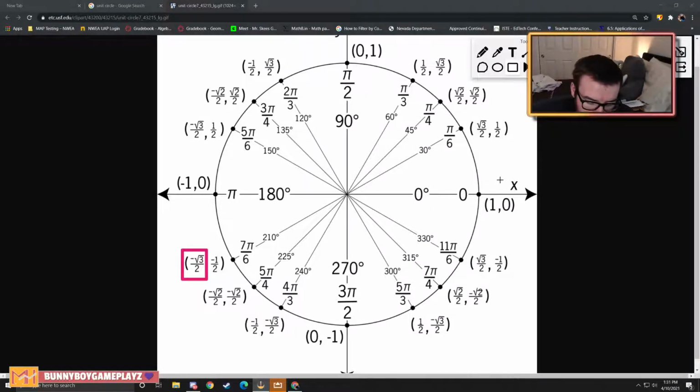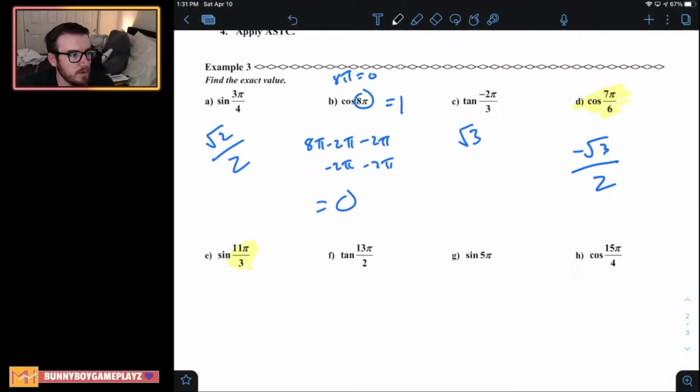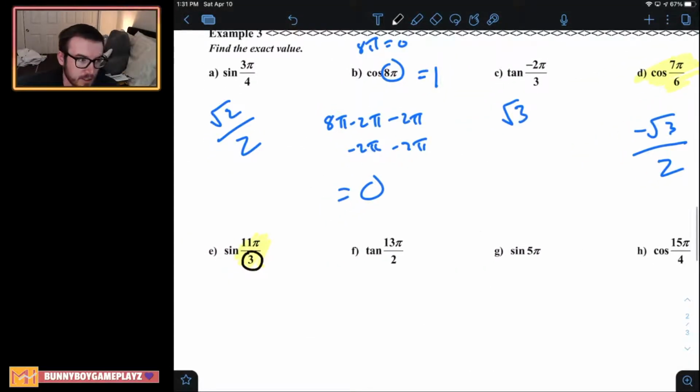So you could do it a couple of different ways. 11 pi over 3. What I go back to is the idea of the reference angles. So 11 pi over 3 goes round and round a few times, but what reference angle would it create? Okay, so 6 pi over 3 is the same thing as 2 pi. Okay, right? 6 divided by 3 is 2. I know this is a little challenging with the fractions, but we've split it into thirds.